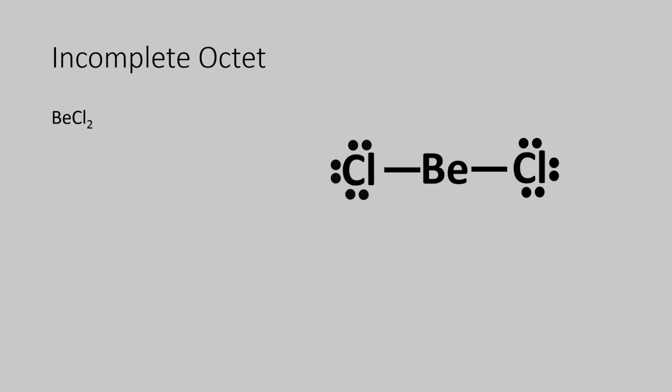Okay, first you tengok incomplete. And kalau you tengok, beryllium is one of the elements yang untuk incomplete octet kan? So, kalau beryllium, bila you buat Lewis structure dia, so always the first step is calculate the total valence electron.